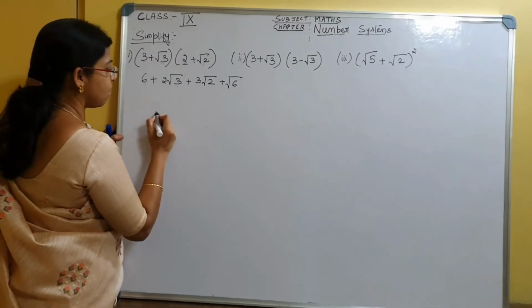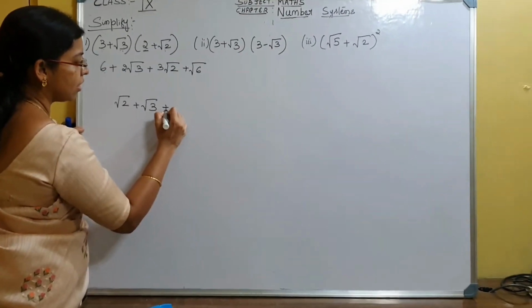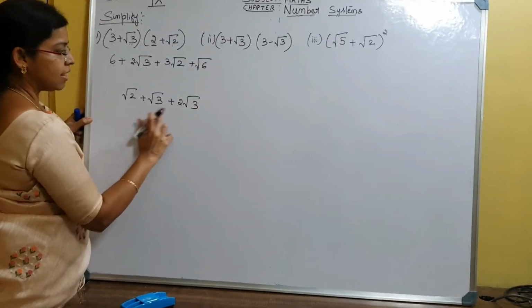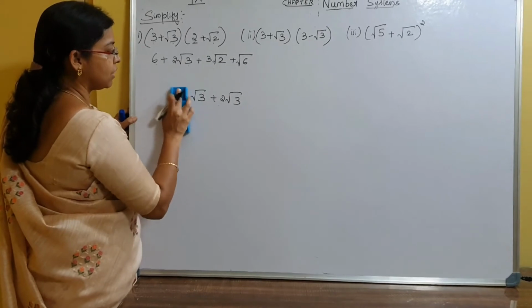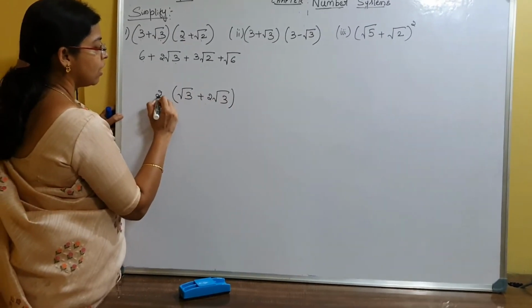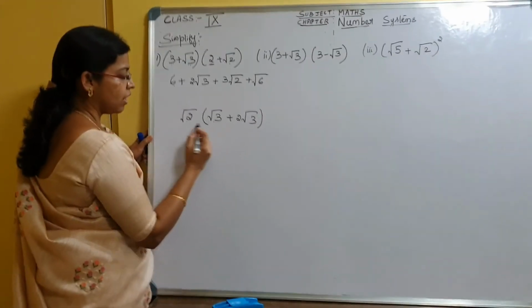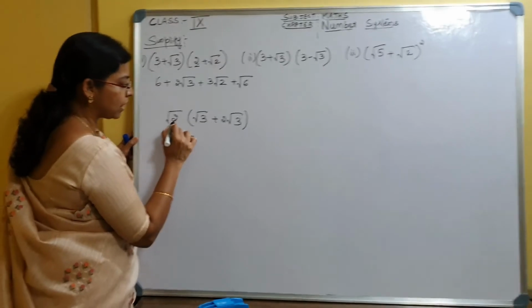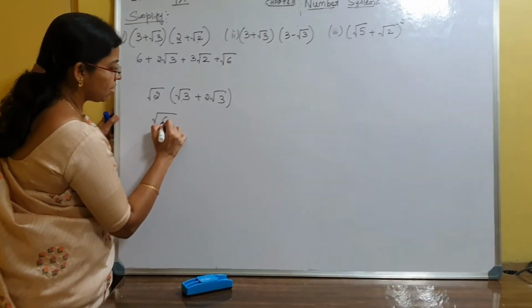Here, for example, we have seen root 2 plus root 3, what happens? These two are like terms, we added the coefficients. Instead of plus, if it is into, here root 2 into root 3, what happens is we will have to multiply the numbers which are inside the root. 2 into 3, 6.